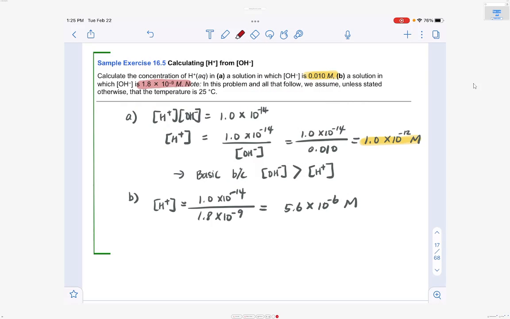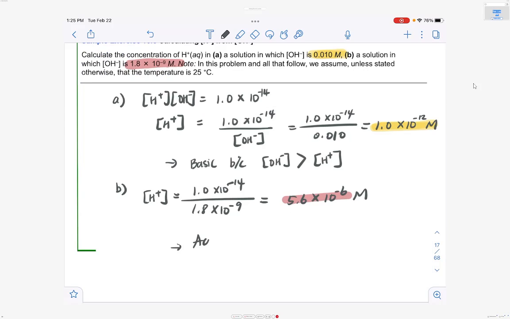This solution is going to be acidic because the concentration of proton is higher than the concentration of hydroxide.